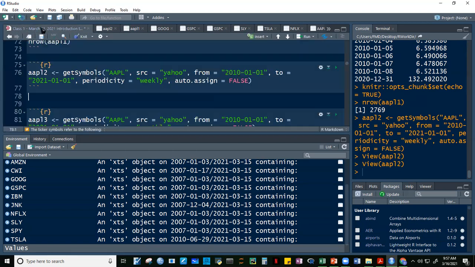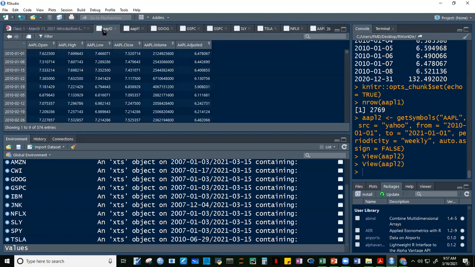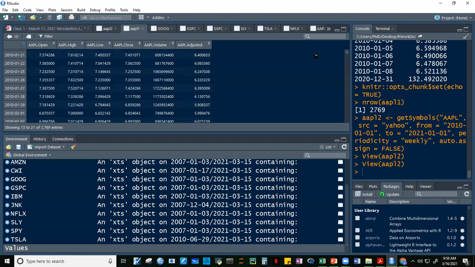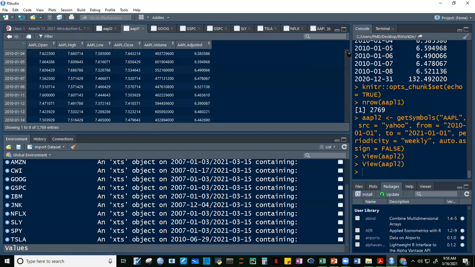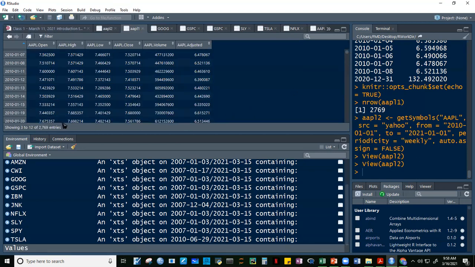Siyempre, pareho dito yan sa Apple 2, January 8, 7.51. January 15, 7.53. January 15 here, it should be 7.53 also. Okay. Anong araw yung January 15?